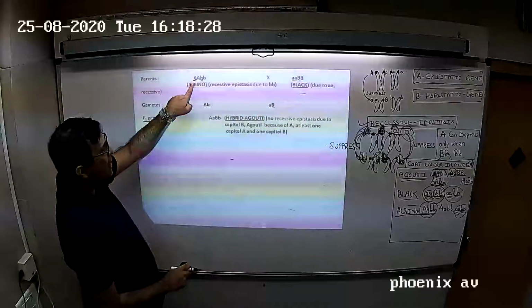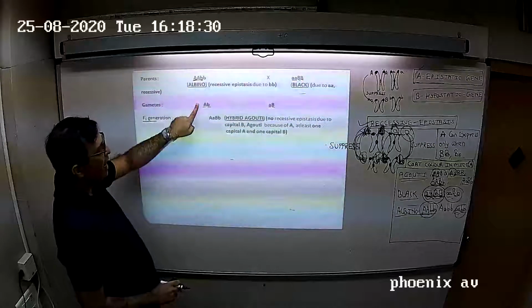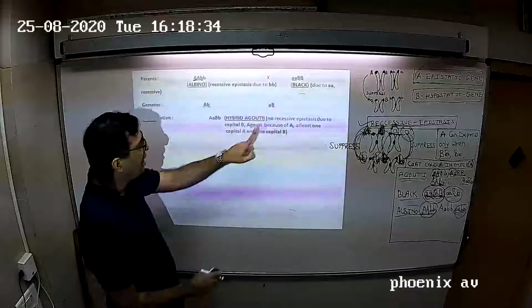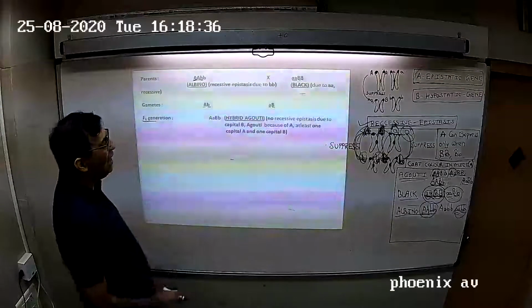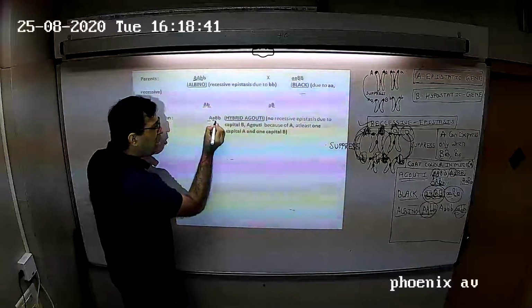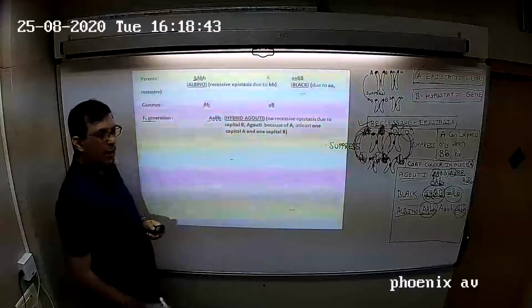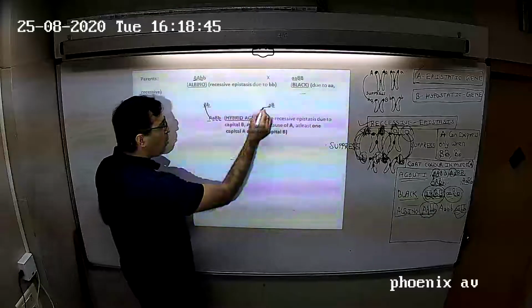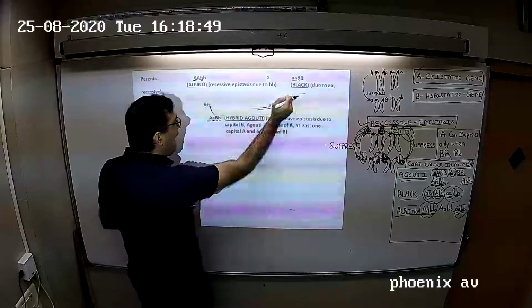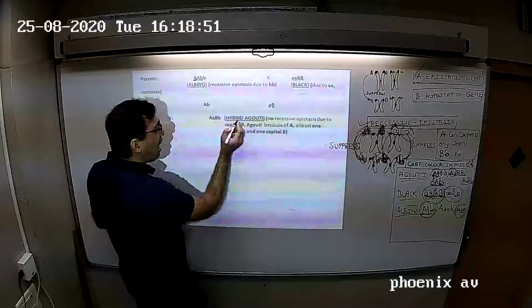Which gametes were formed from them? Capital A, small a, capital B. When they come together, what will be the F1 generation? Capital A, capital B, small b. And what will that become?